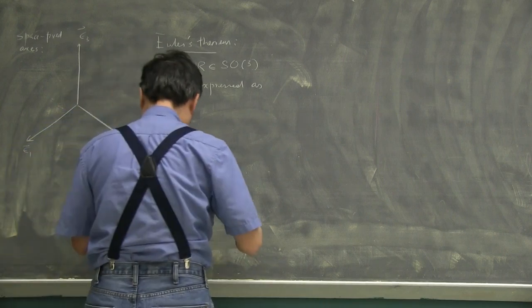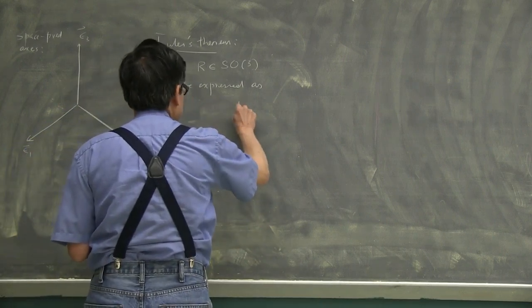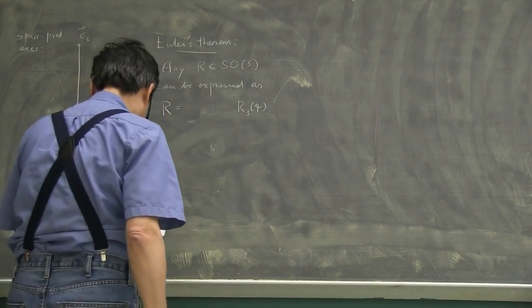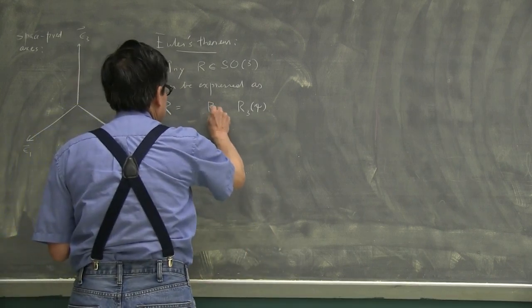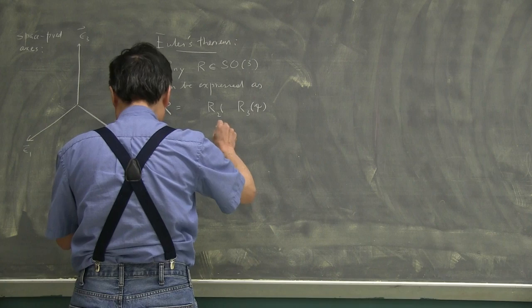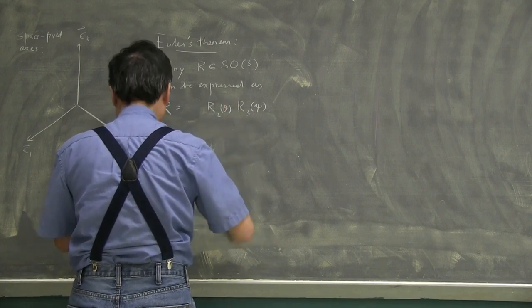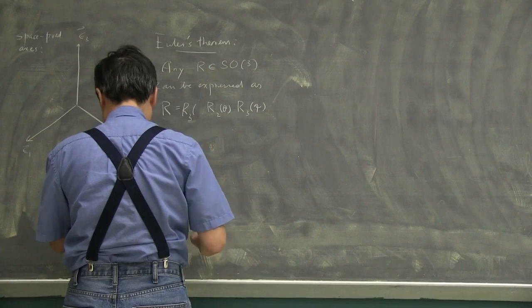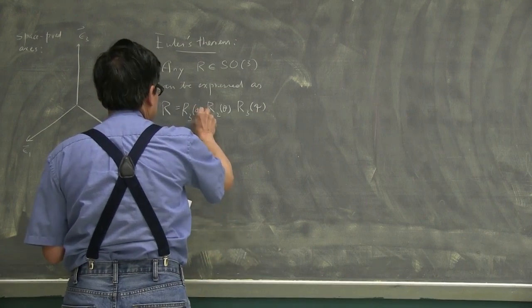The first one is about the third axis by some angle psi. The next one is about the second axis by some angle theta. And then finally about the third axis again by an angle phi.